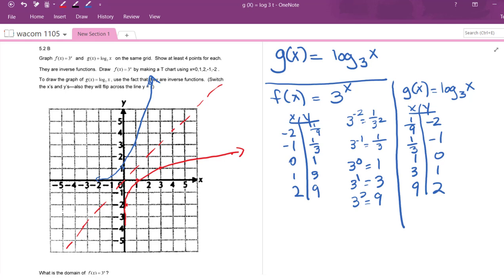Let's see the other questions on this. The first one is, what is the domain of f of x equals 3 to the x? So the domain of f of x, this one goes forever to the left, and it goes forever to the right as it goes up.